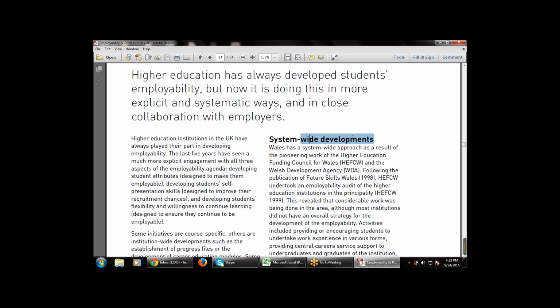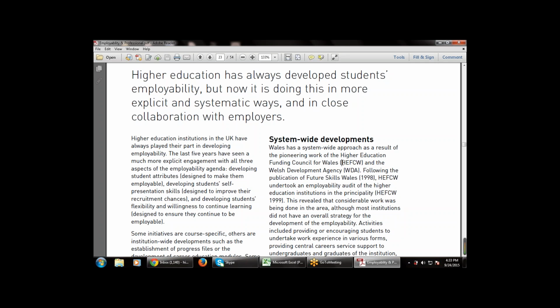Next is system-wide acceptance, that is, how it is accepted system-wide. Wales has a system-wide approach as a result of the pioneering work of the Higher Education Funding Council for Wales, the HEFCW, and the Welsh Development Agency, the WDA.